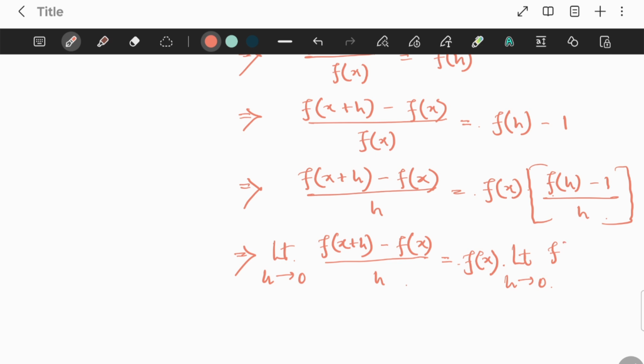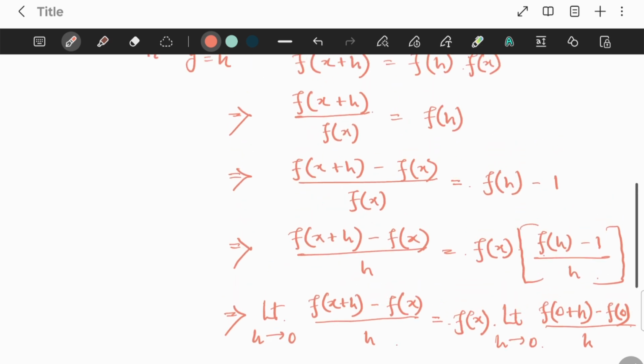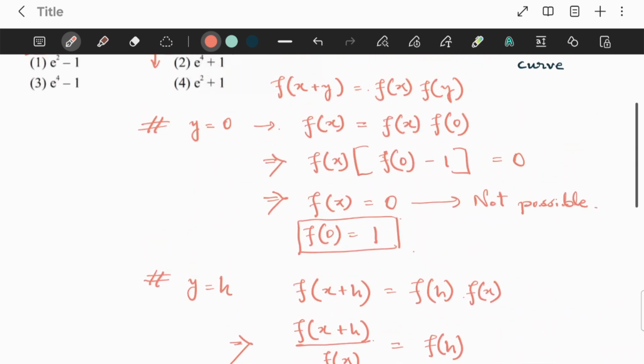Here we'll do a twist: f of 0 plus h minus f0 divided by h. Now if you ask me where I got that, see, earlier we determined that f0 equals 1.